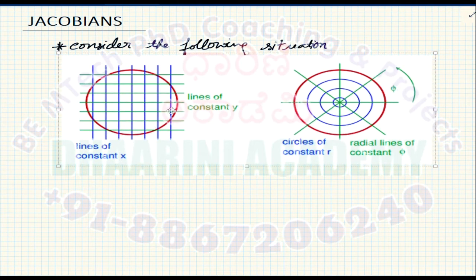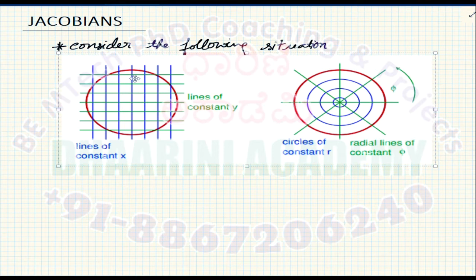On the left hand side, we can see that a circle in red color is being represented over the constant x, y plane. In a sense, the lines of constant values of x and constant values of y are used here to represent the circle. That's one kind of representation.